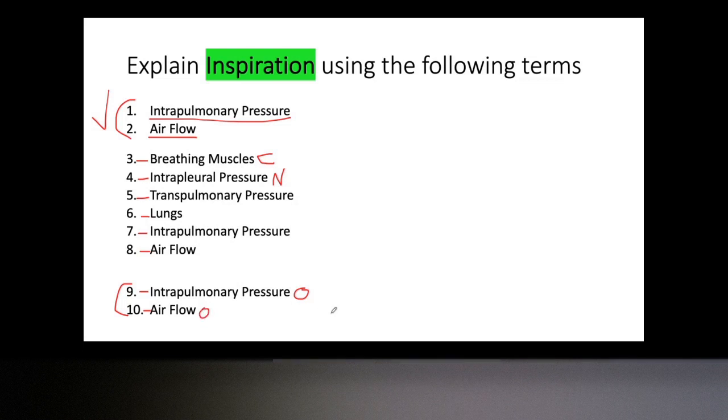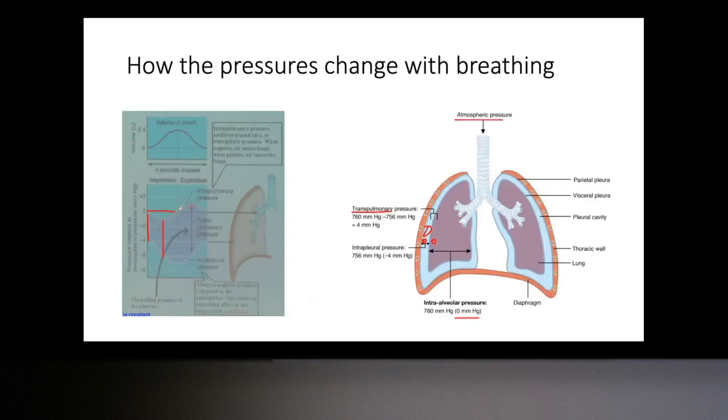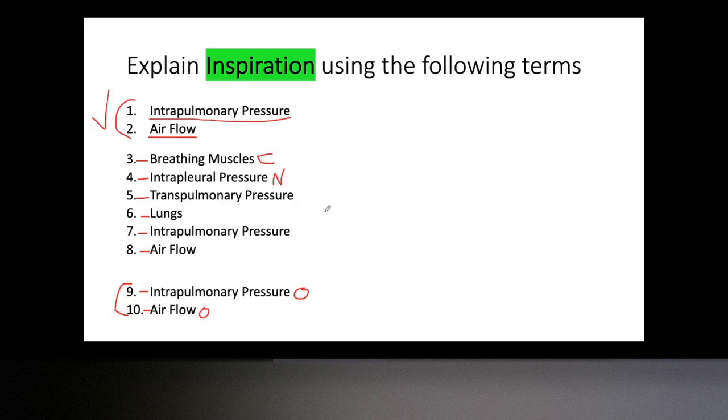It stays there. This is the end of inspiration. So you explained this process from here until here. The air tries to go inside and then it stops going inside. That's where it stops. So this is inspiration. Good job, Kerari.